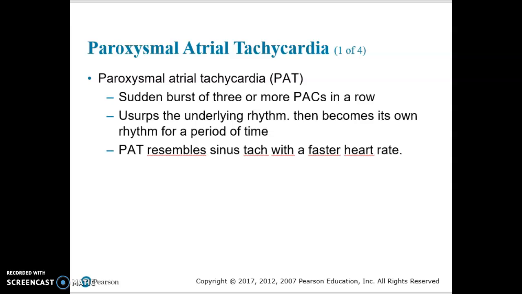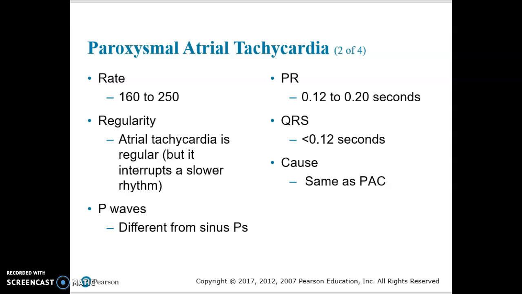Moving on to the next slide. This is your criteria, okay? The rate is 160 to 250 on the atrial tachycardia itself. The rhythm that it interrupts, the rhythm that it takes over, will be different, so the underlying rhythm will be different, but the atrial tachycardia itself, that rate will be 160 to 250.